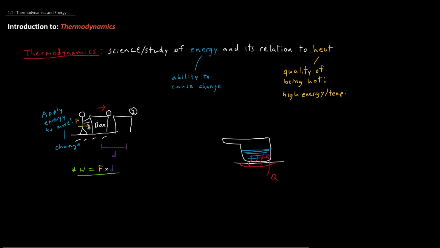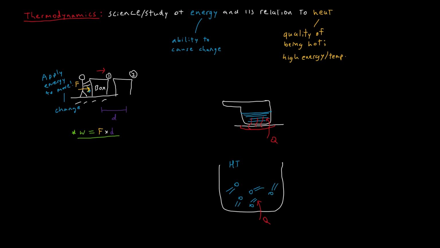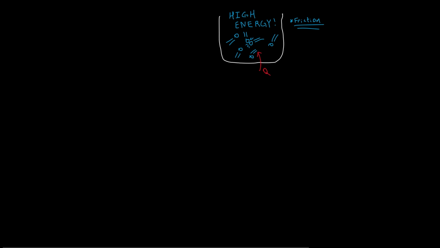And the stove here is of course hot at high temperature, and the water relative to this stove is at lower temperature since it's colder. And so this heat is increasing the energy of the water molecules, causing them to speed up and bump into each other, as well as bounce off of the walls of the pot, which is essentially related to an increase in friction. And so that's, of course, basically heat visualized.